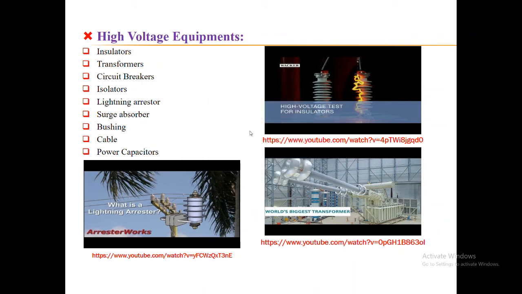You know the various types of high voltage equipments, and you have also seen them in switchyards or in power plants or during your field studies. Here I have categorized various types of high voltage equipments like insulators, transformers, circuit breakers, isolators, lightning arresters, surge absorbers, bushings, cables, and power capacitors.